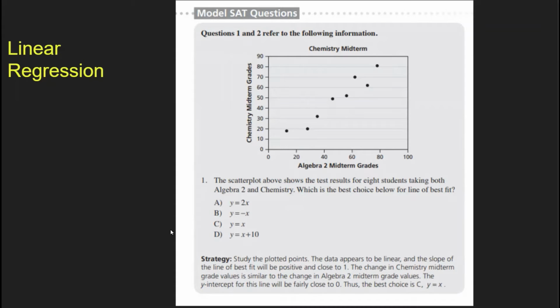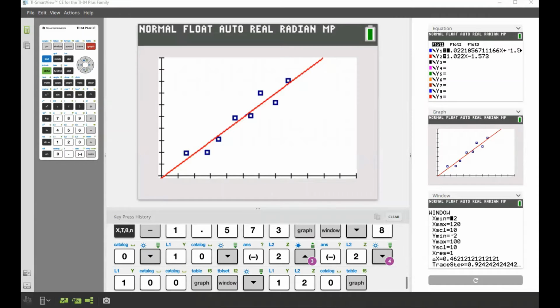So next, we'll go to the TI84 calculator here and enter the data and perform a best of line fit and compare it to the line y equals 1x. Okay, so what we'll do now is we'll create this graph for the TI84 Smart View CE for your TI84 Plus calculator.